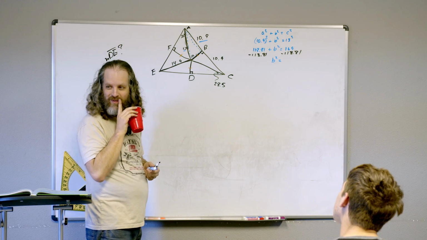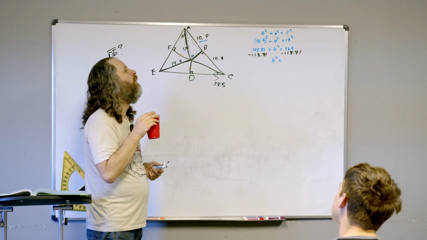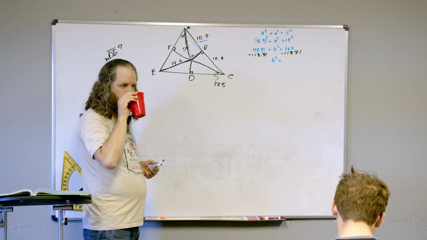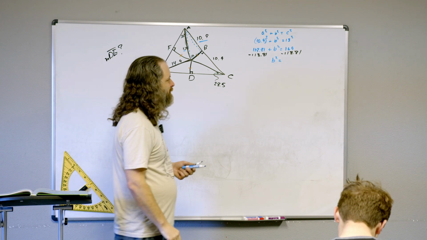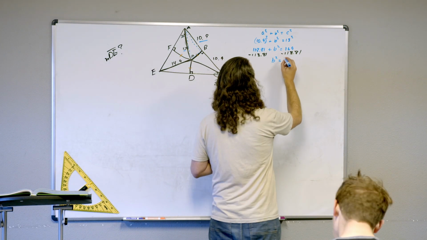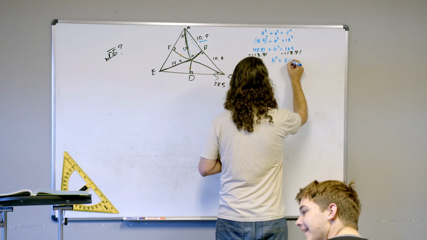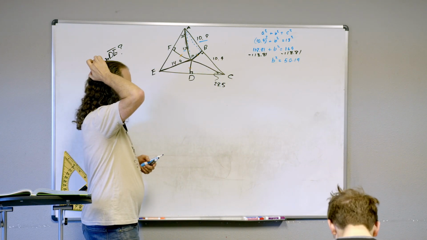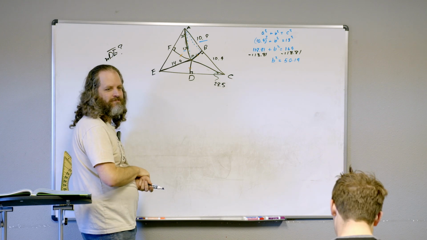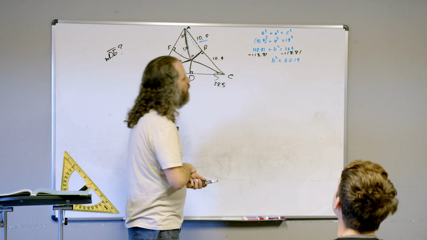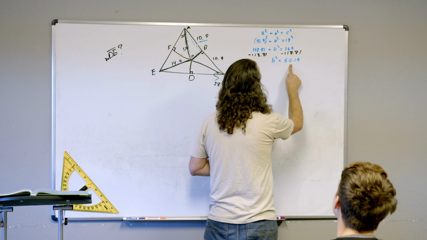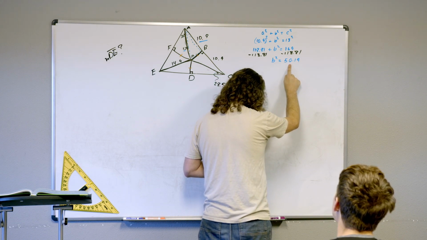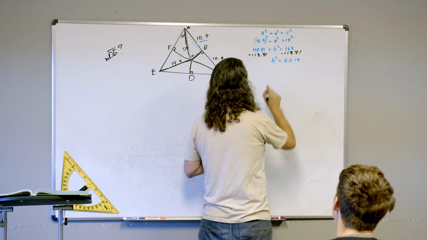You have a calculator. 50.19. Somebody else agree? Yeah. All right. Now what? We get rid of the square. Use unsquare. You square root. It's 50.19. Okay. We do square root.